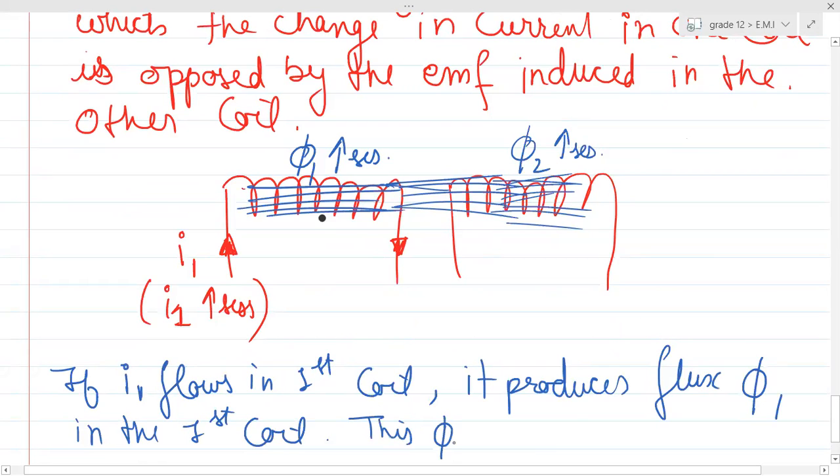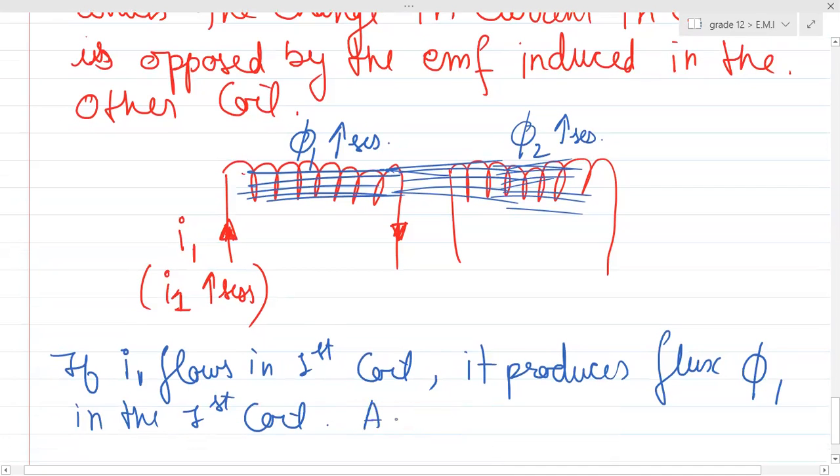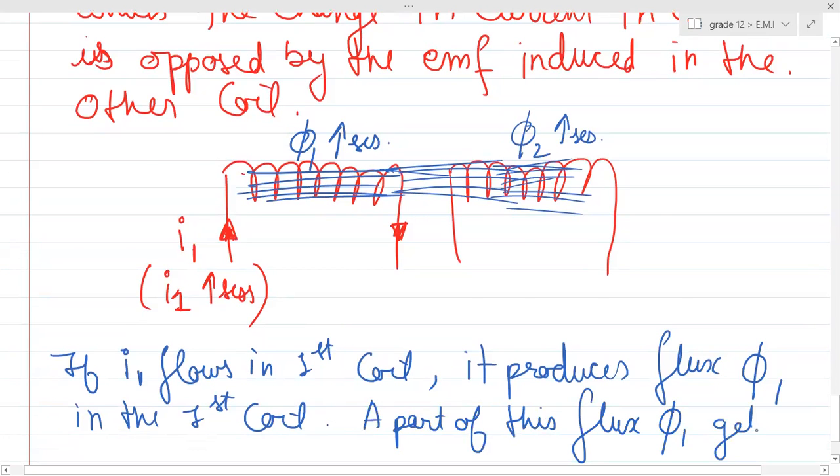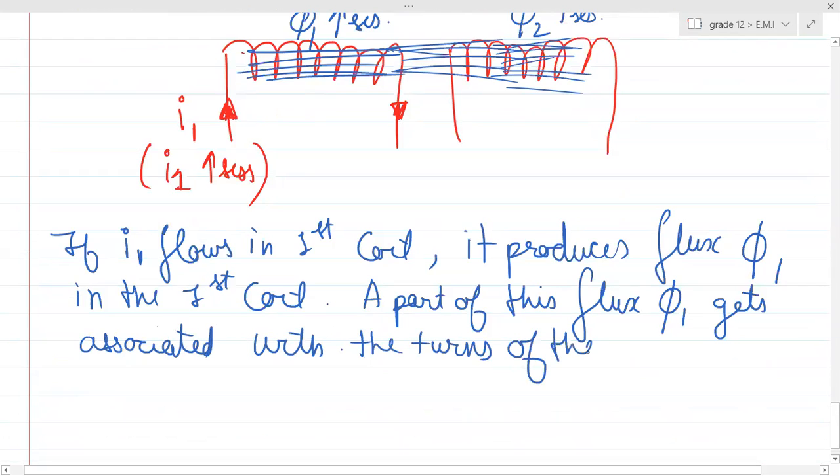This flux phi 1, or basically we can say a part of this flux, that part is basically what? Phi 2. Yes or no?